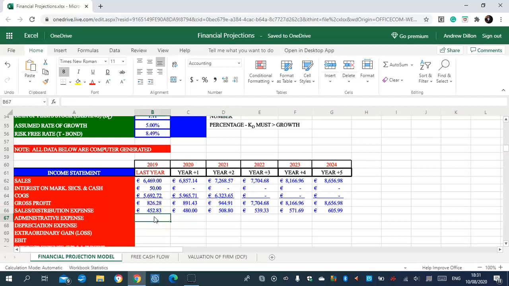Okay, very good. Now, the next heading is going to be administrative expense.